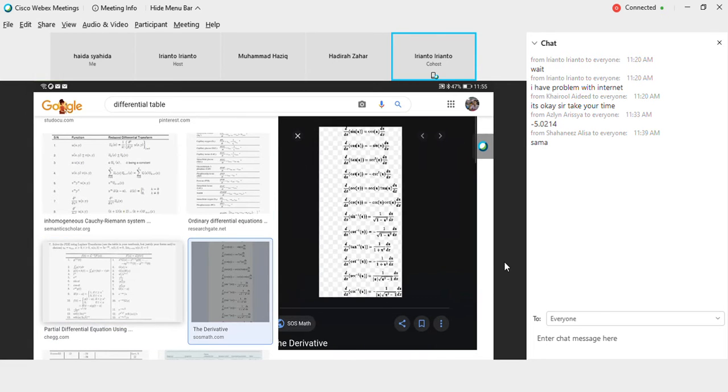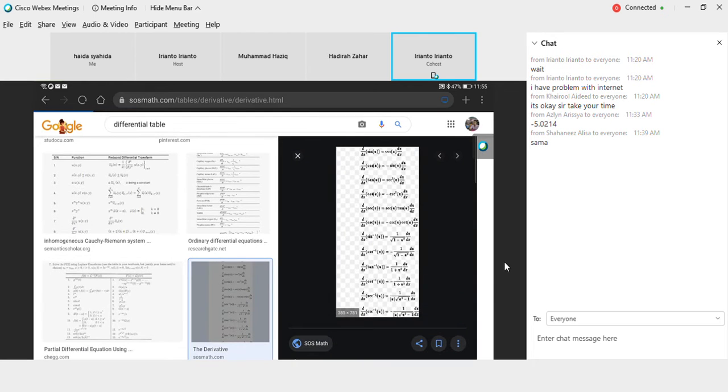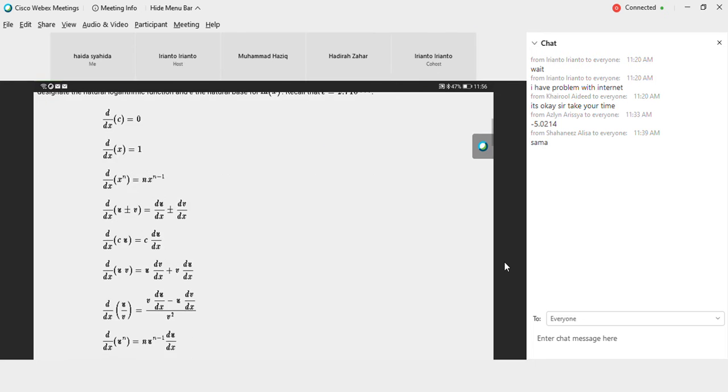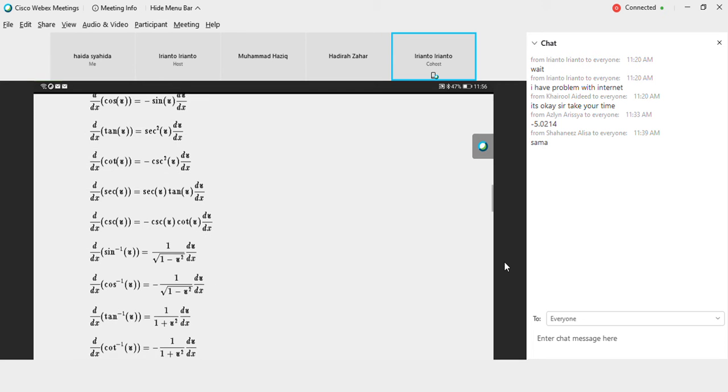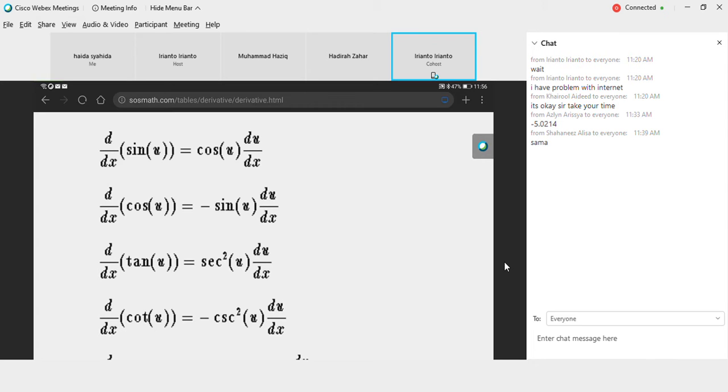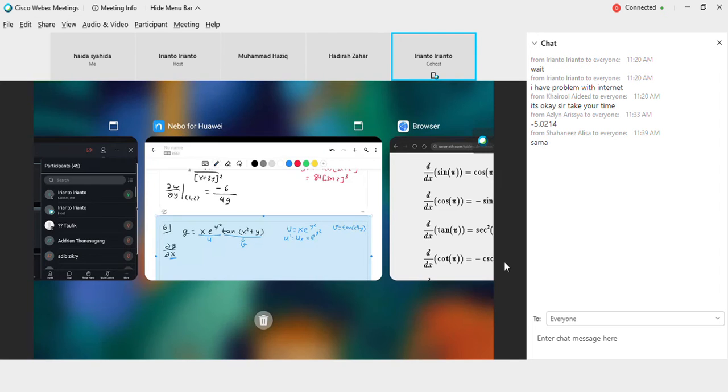Here, tangent. Can you see this? Where is the table? Here, tangent. The derivative of tangent will be secant square.